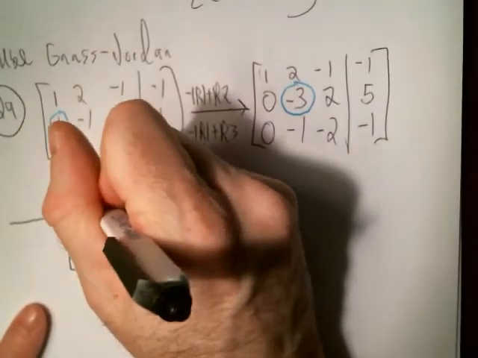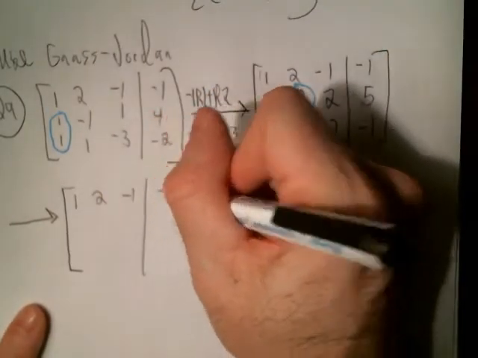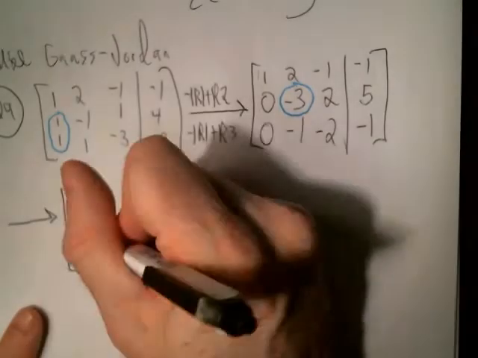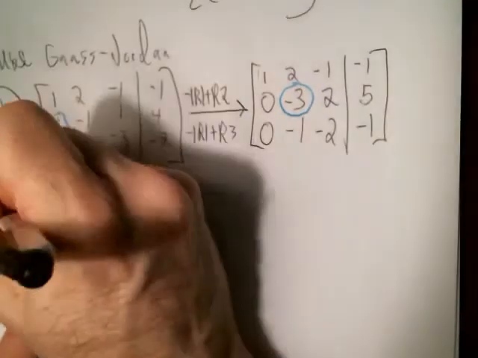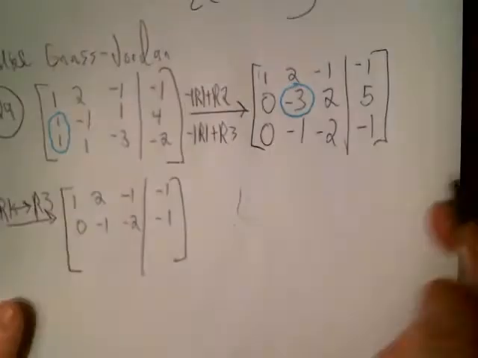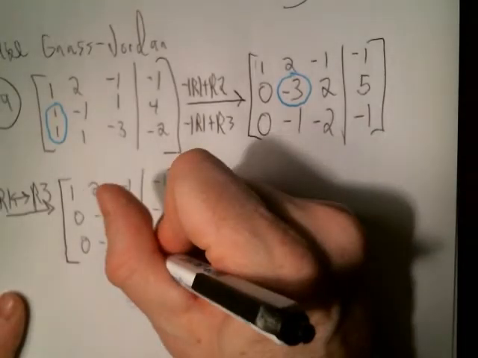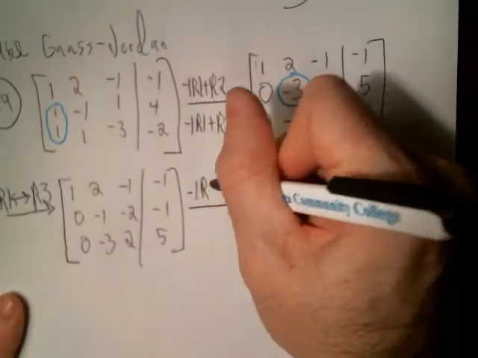So we want to avoid them when we can. You can go against me, do it your own way, but I warned you. Okay, so negative 1, negative 2, negative 1, and then I'm swapping row 1 and 3. And then I'll have 0, negative 3, 2, and 5, and now multiply row 2 by -1.